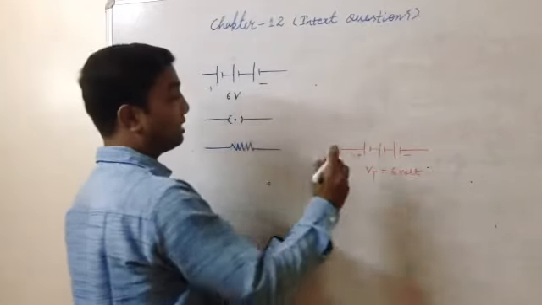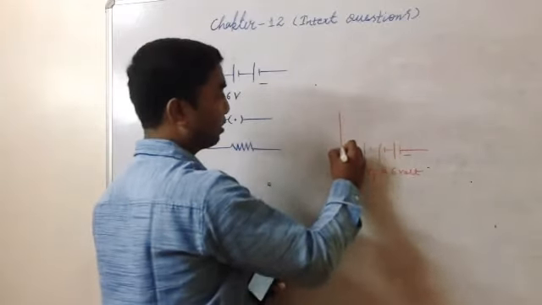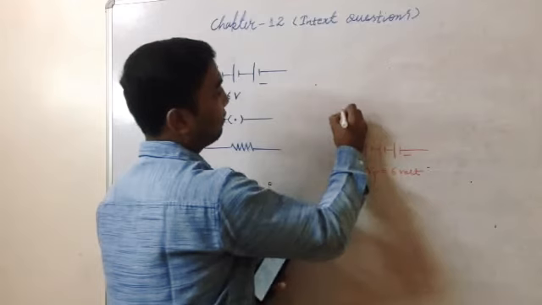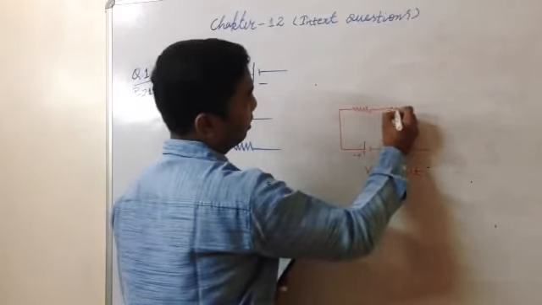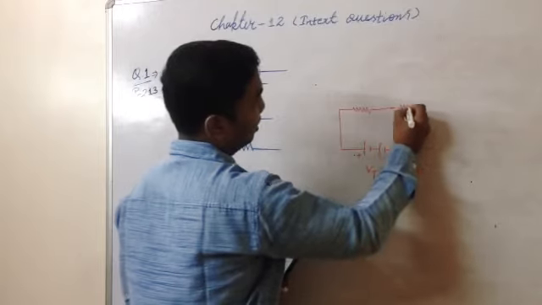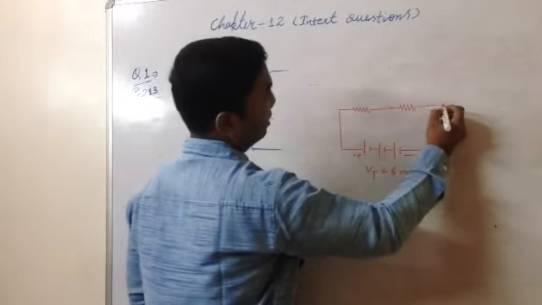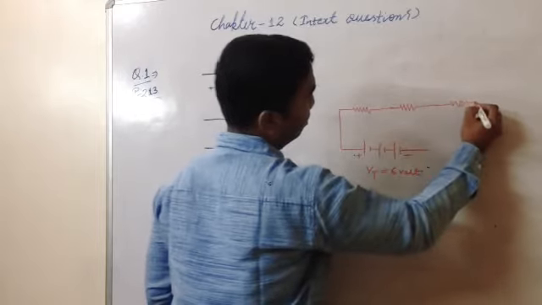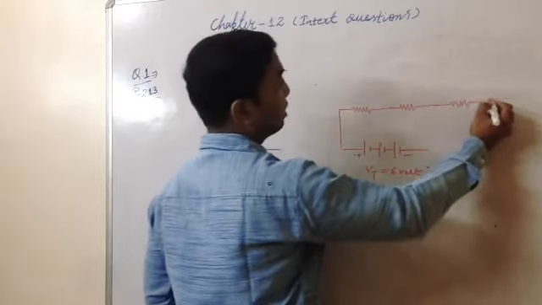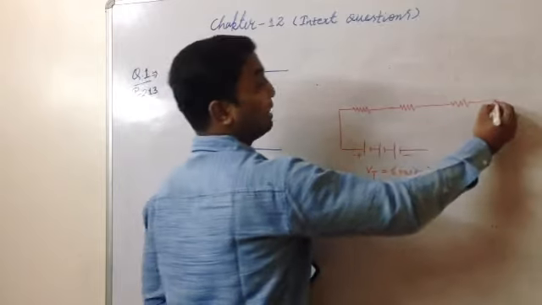We want to connect 3 resistors. This is my first resistor, that's my second resistor, and now that's my third resistor, and all these resistors are connected in series.